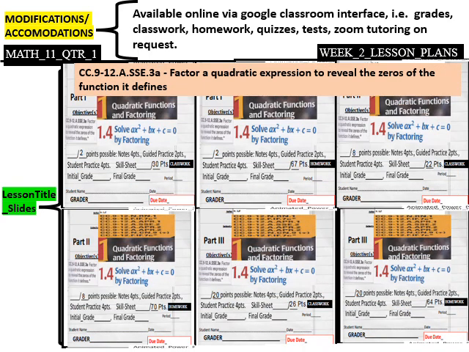And the predominant standard is A.SSE.3a, which is factor a quadratic expression to reveal the zeros of the function it defines.